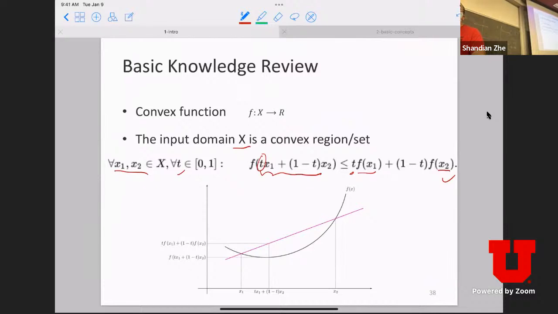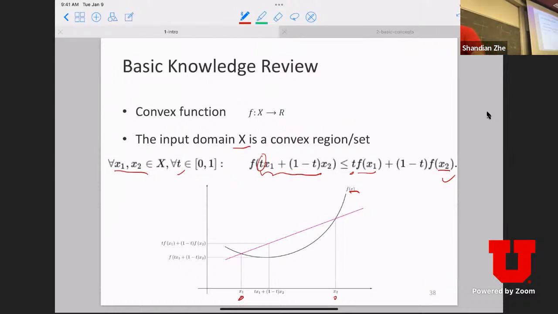You have to use very lengthy sentences to describe this idea, but it's really straightforward. Here we just give some graph visualization. So f of x is a convex function. If you take any 2 inputs, the input region, or your domain, is just this x-axis. Of course, it's convex.